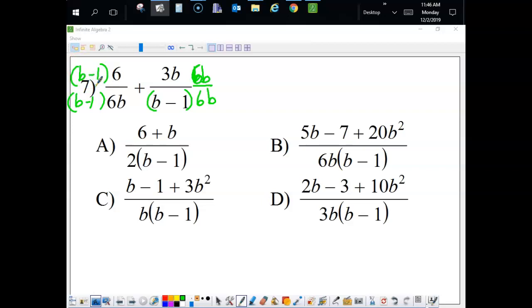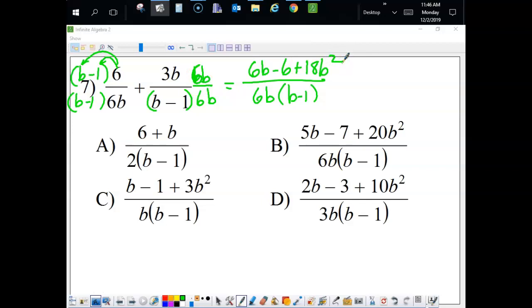Okay. Now on the bottom, we're not going to actually multiply anything together, but on the top we need to. So let's distribute that 6 first of all. And then plus 3b times 6b is going to be 18b squared.